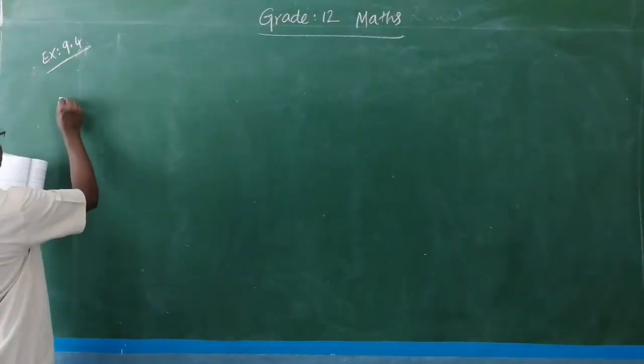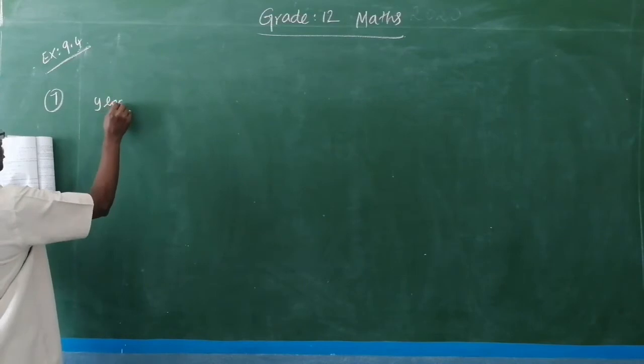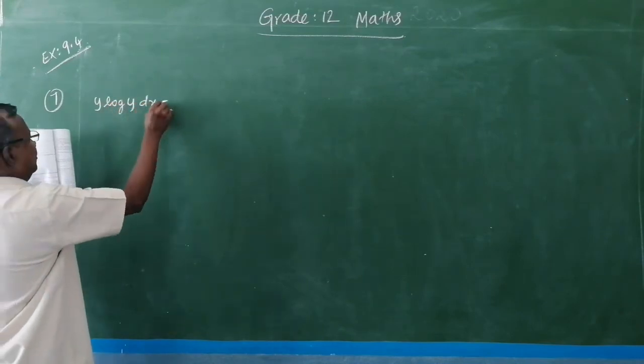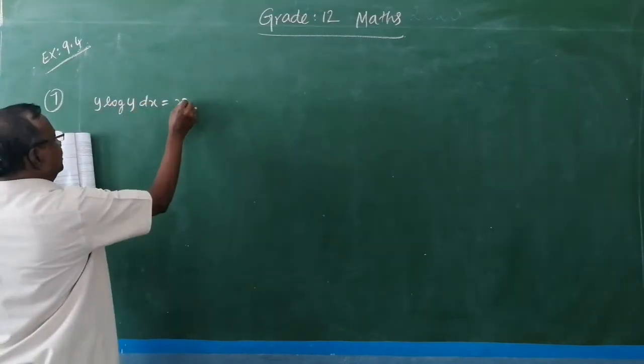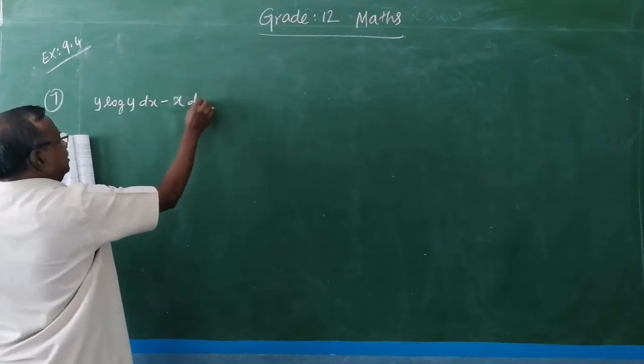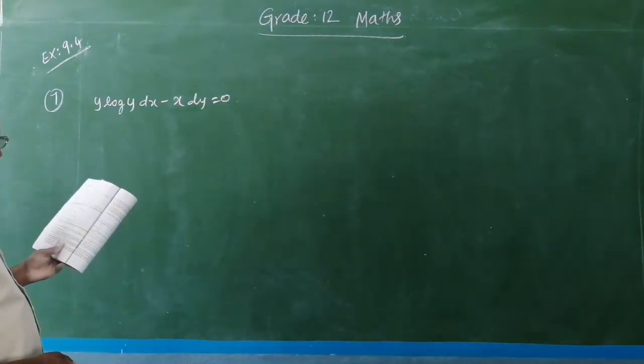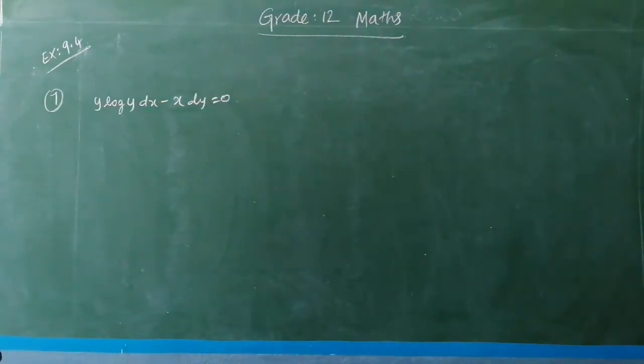Question number 7. y log y dx − x dy = 0.